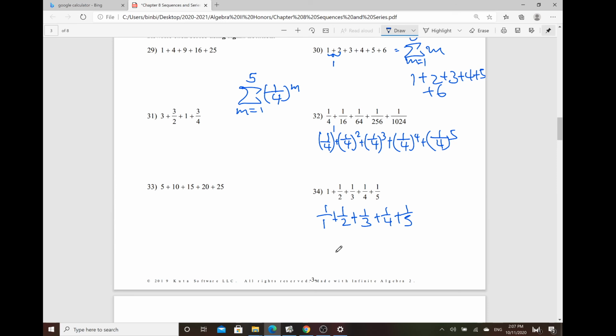Then we can set it up as 1 over m with sigma, where m equals 1, all the way to the fifth term. That means it's adding 1 over 1 plus 1 over 2 plus 1 over 3. We don't change the numerator. The only thing that we change is the denominator.